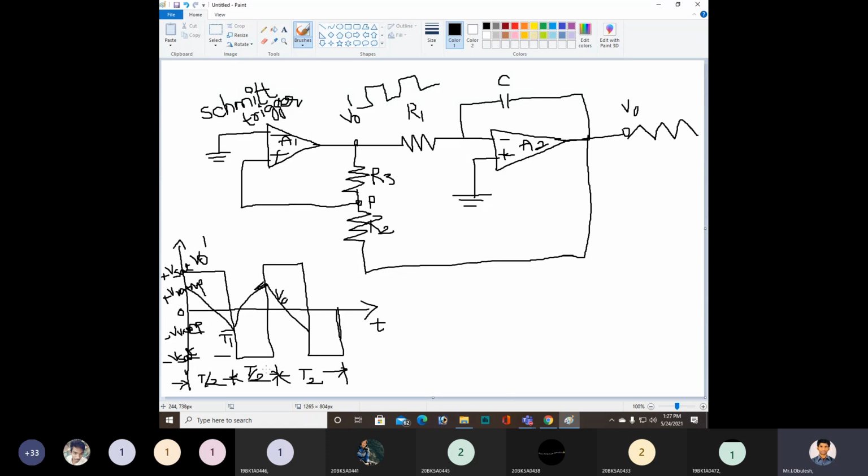At time t equals T1, when the negative going ramp attains a certain value, minus V ramp, you need to assume that this is T1 and this is T2.